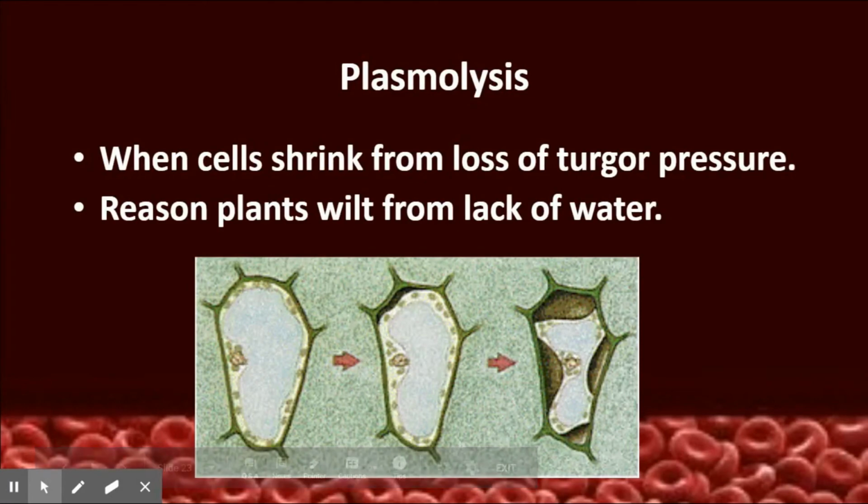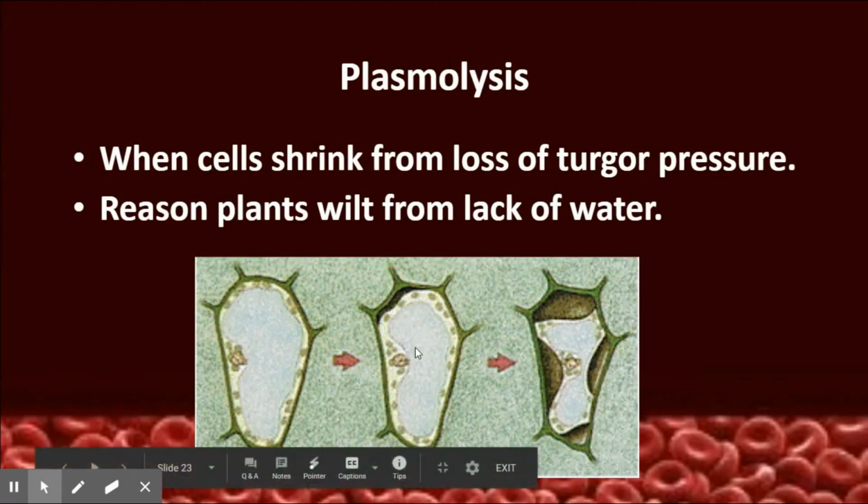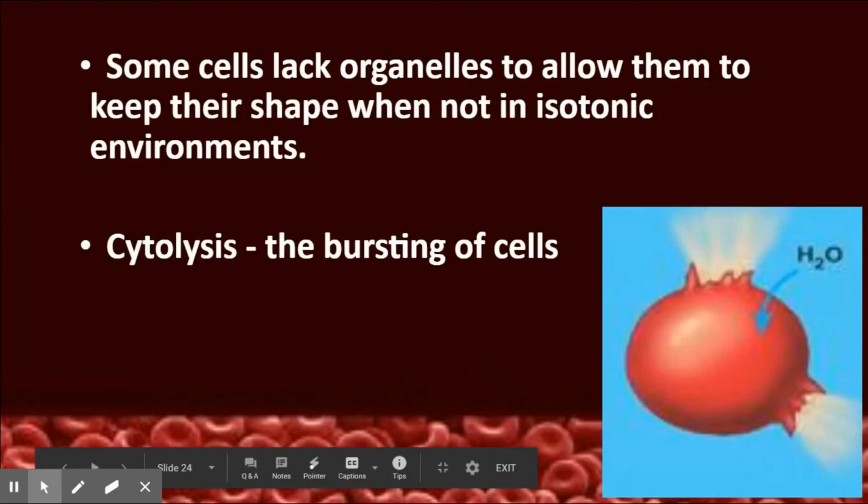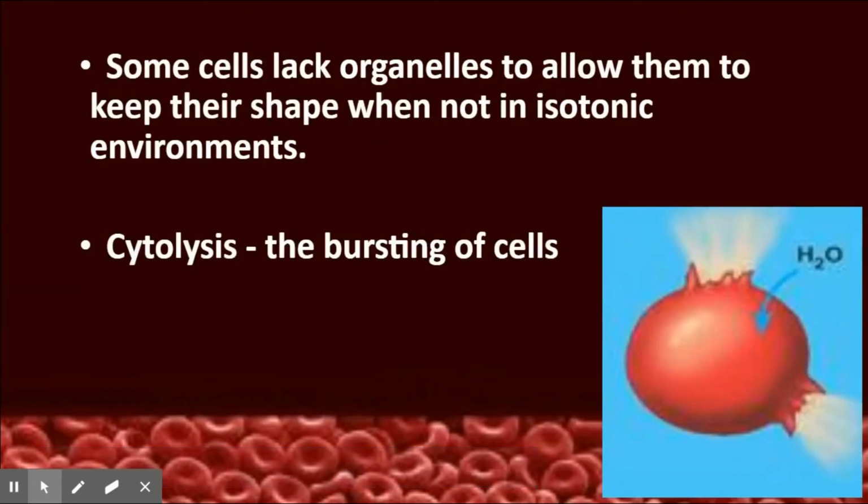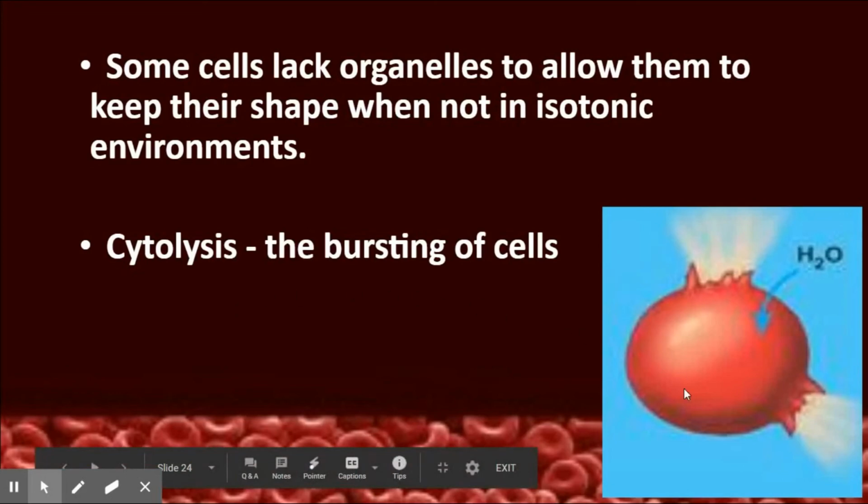When they are shrinking, we have what's called plasmolysis. And so you can see the cell is shrinking up because it doesn't have enough water. And so that's called plasmolysis. Sometimes if we get too much water in a cell, and this can happen in our bodies as well, too much water is a problem, and it can cause the cell to burst, and that's called cytolysis.